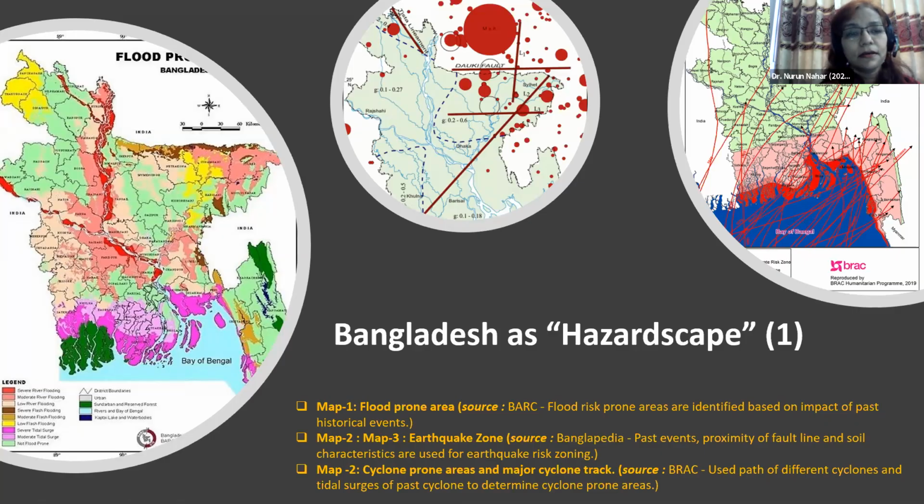Slow-onset hazards like salinity are also a problem, and drought is sometimes a problem. As you can see on the left of the screen, it shows the flood-prone areas of Bangladesh. It is frequently faced with floods, and sometimes they are catastrophic in terms of loss of property and sometimes lives.